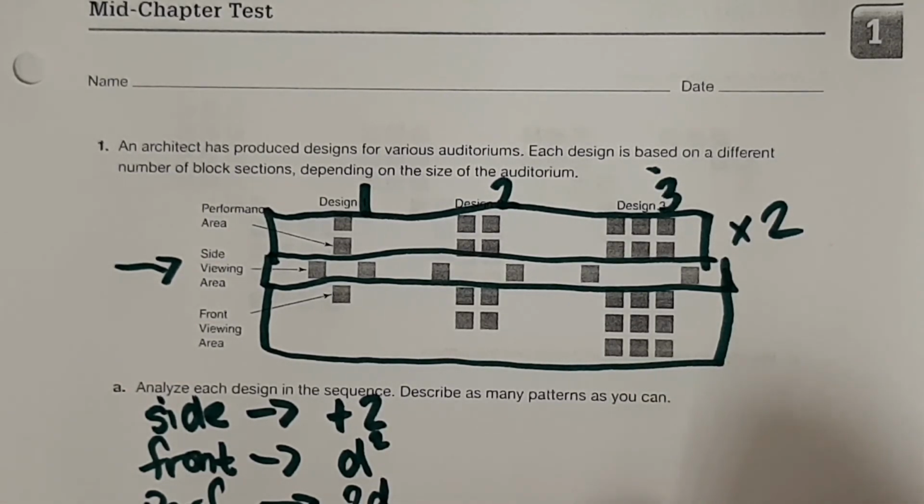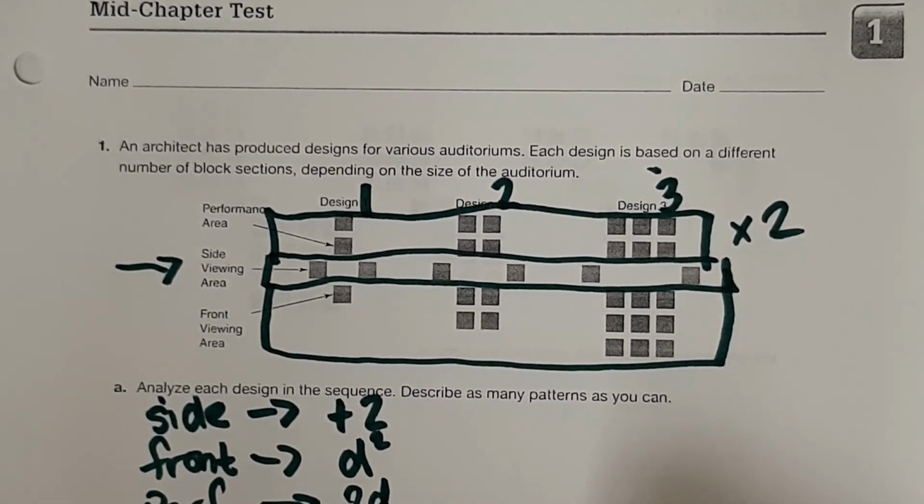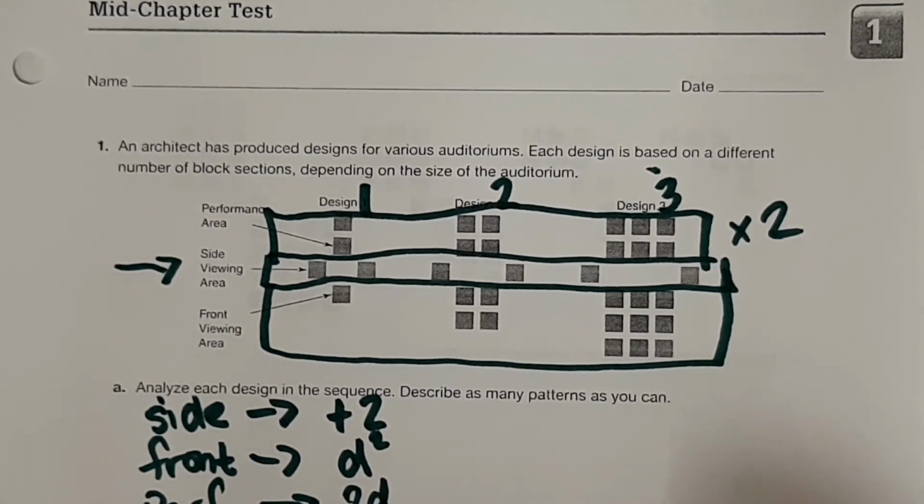This is our side viewing area. And then here in the bottom, I'm going to go 4 by 4, because the pattern is, whatever my design is, I have a square down here with the number of blocks that equals our design. So this would be basically our seating area for 4.